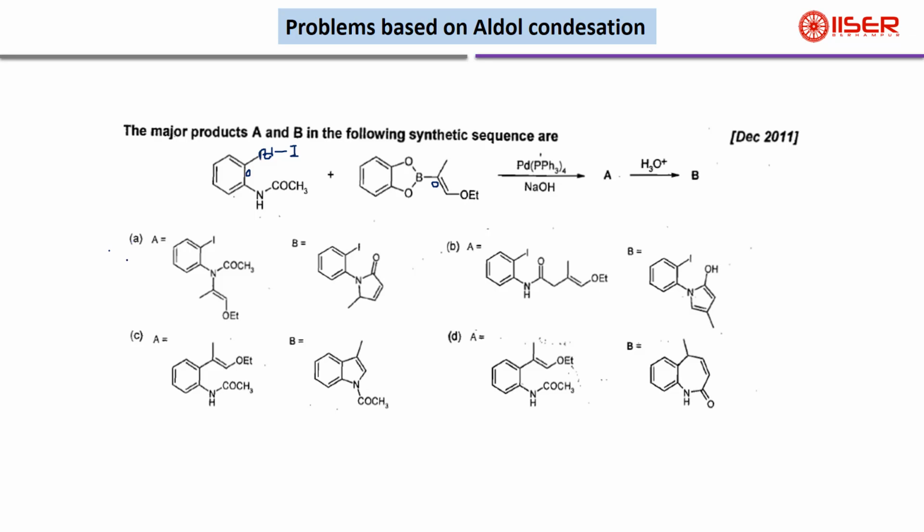So A and B are already cut. So the correct option will be between C or D. It will form this. After that, in the next step, if you add H3O plus, what will happen?